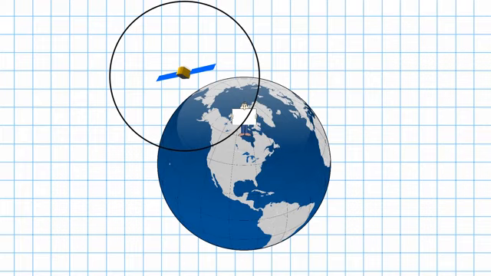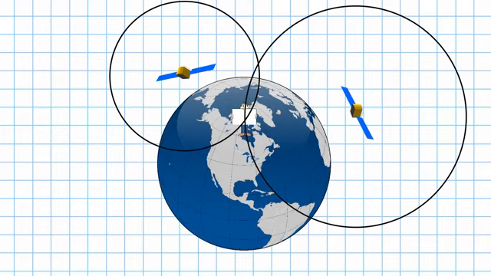Repeating the process with a second satellite gives us a second ring. The GPS knows it is at the location where the two rings intersect. You'll notice that there are 2 points where these circles intersect, but if we add in the additional restraint that the position has to be near the surface of the Earth, then we can eliminate one of those points.